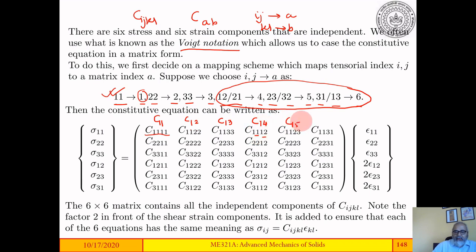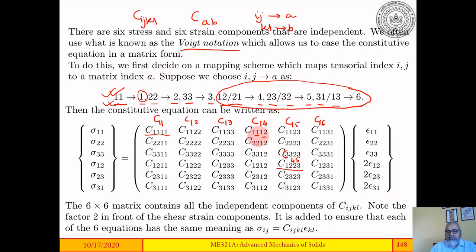This is C15, this is C16. So this is all according to this mapping. You can take any arbitrary one. You can take this one. This 1 2 maps to 4 and 2 3 maps to 5. So this is your C45. And that is how I have written the 6x6 matrix.